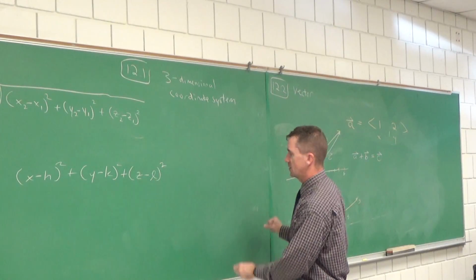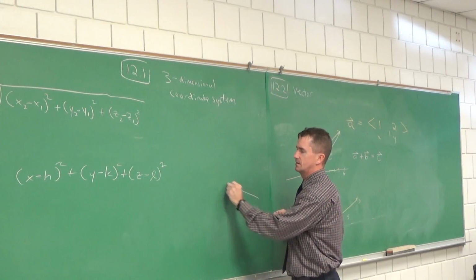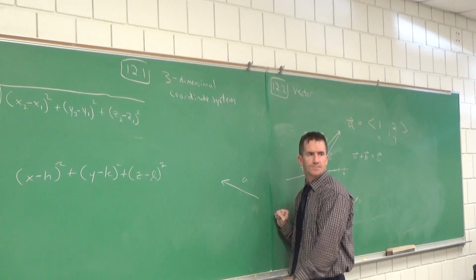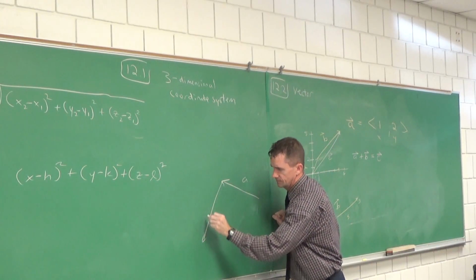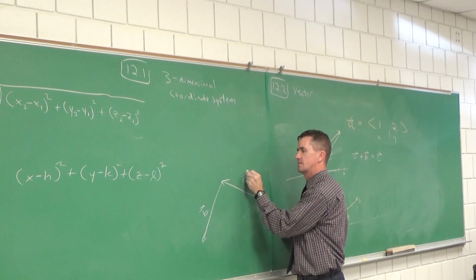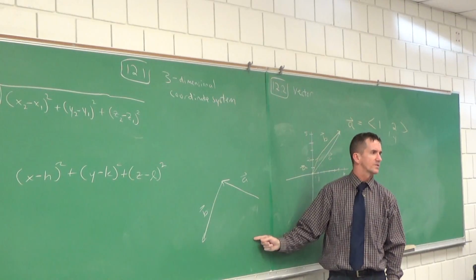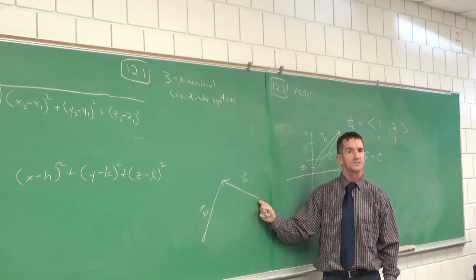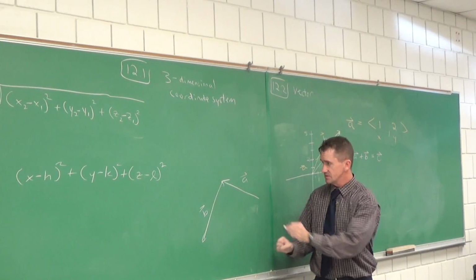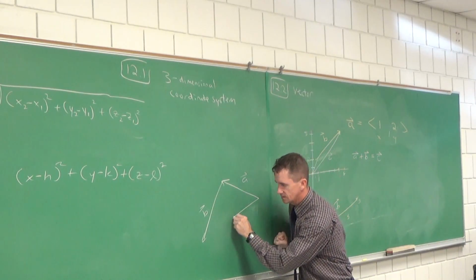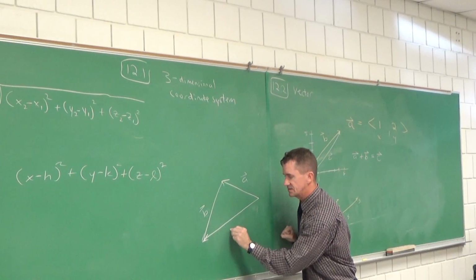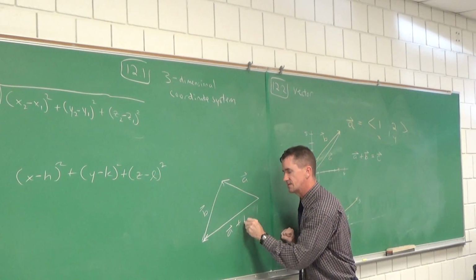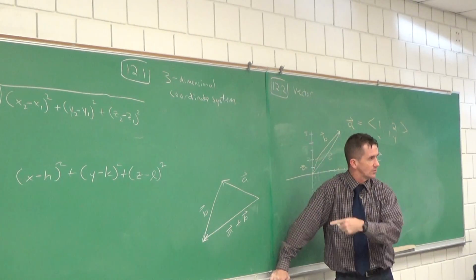Hey, so over here, what if I did this? There's vector A. There's vector B. What would be vector A plus B? Start here, and where would I stop? B. All right, so I'm going to start here and go like this. And right here, I can label this as vector A plus vector B. Is that true?